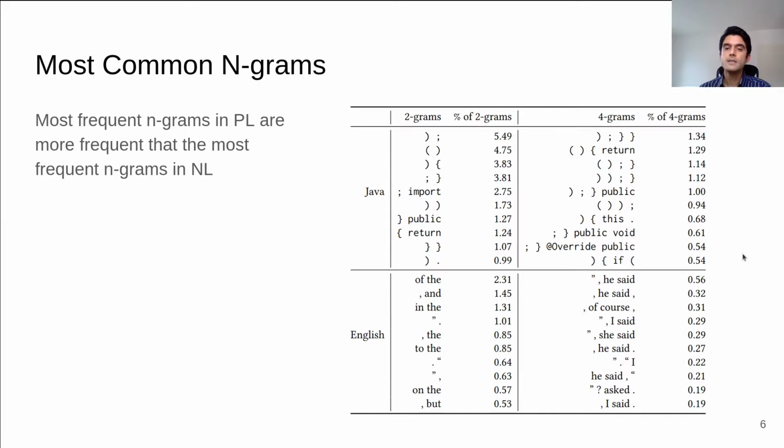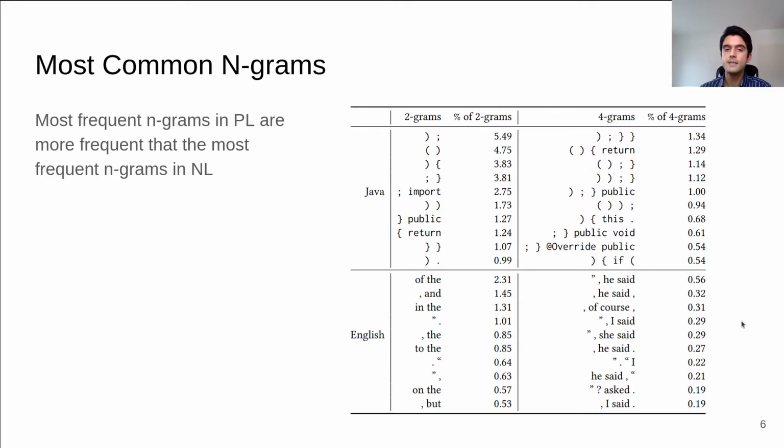So as you can see in this chart, we have the most frequent n-grams in a programming language like Java here at the top, and the most frequent n-grams in the English language, which is a natural language, at the bottom.